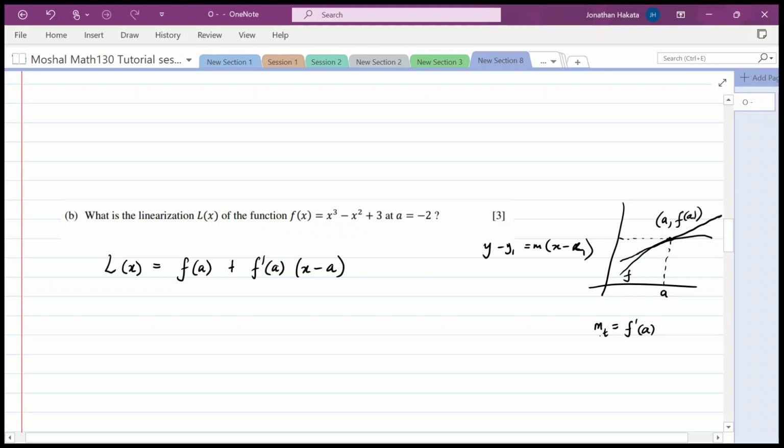So with these 2 points, if I have the gradient and the point in question, I can use this formula to find this.